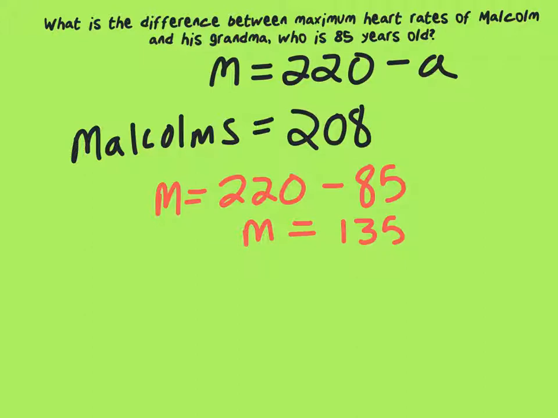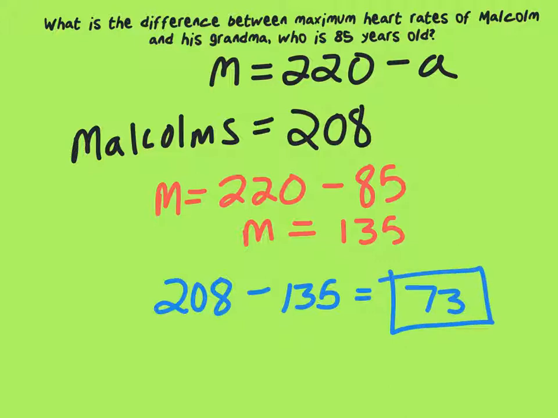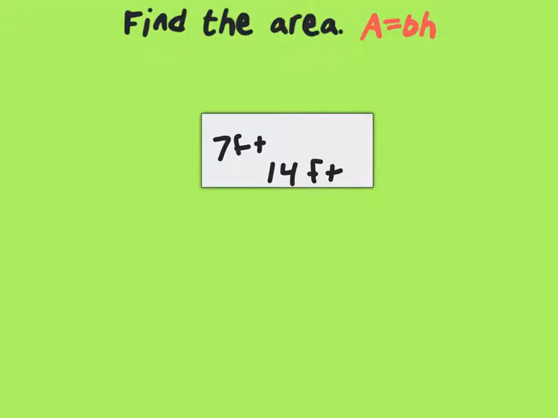Malcolm's was 208, and his grandma's was 135, and the difference means you subtract, and when you subtract, you get 73, and that will be your answer.